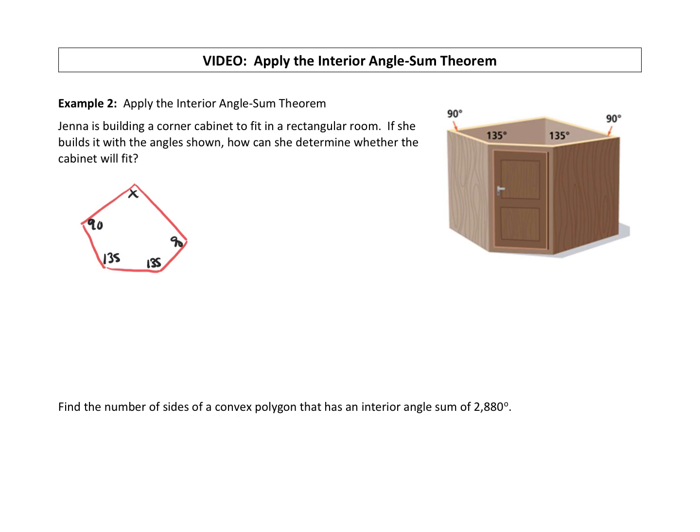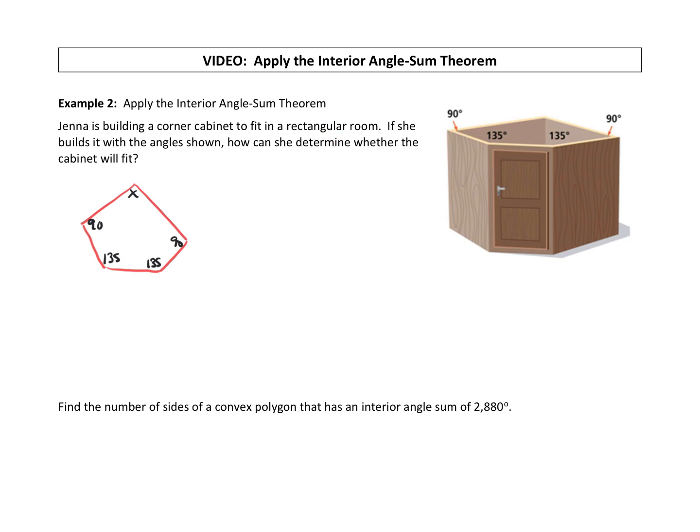That's X. So in the picture of the cabinet, we can see that the cabinet door is in front. So this is where the cabinet door is. So this corner right here needs to fit into the corner of the rectangular room. They did tell us the room was rectangular.